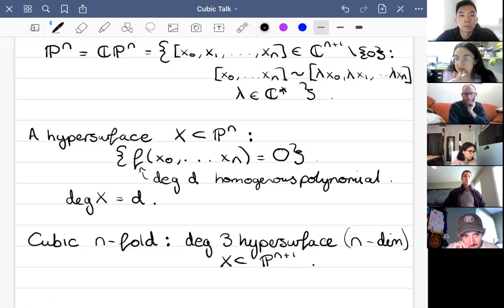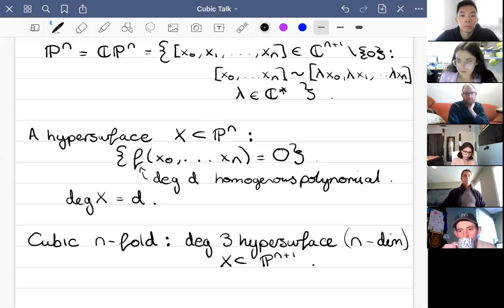Yeah, so it's an example of a variety. The key point here is it's given by a single equation. An algebraic variety can be given by the vanishing set of a bunch of equations, and a hypersurface is just the special case when it's given by a single polynomial. Okay, thank you.